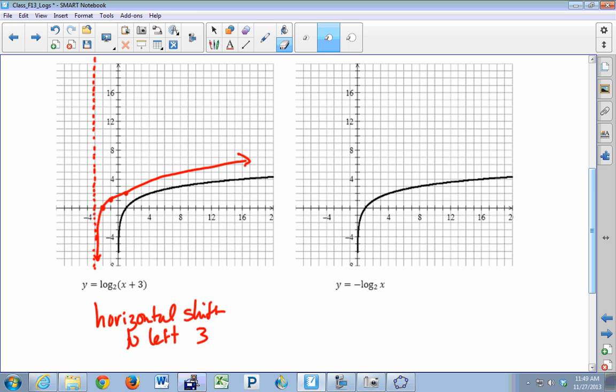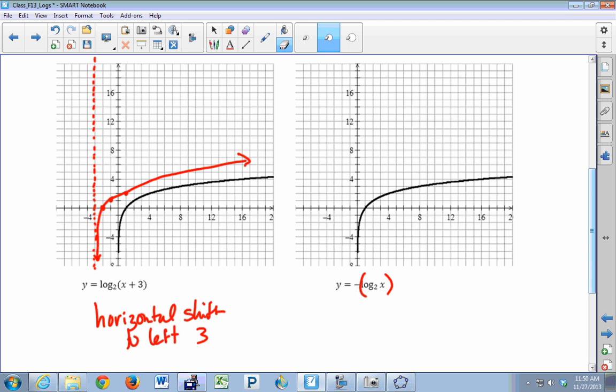What's the next one going to do? Verbally describe the transformation. What kind of transformation is it when I put the negative on the outside? Am I affecting the x values or the y values, the input or the output? The y values, the output. So all my outputs are going to change to their opposite.